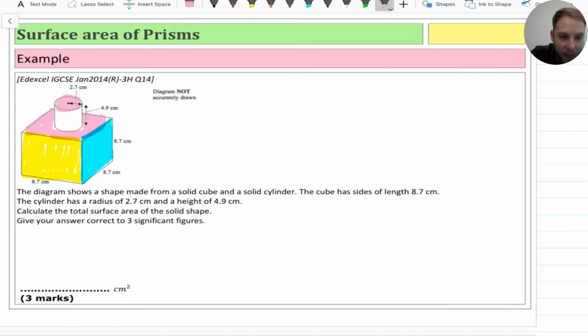Okay, that's the area of that rectangle. And then the problem is you're going to need the diameter of this part here as well.